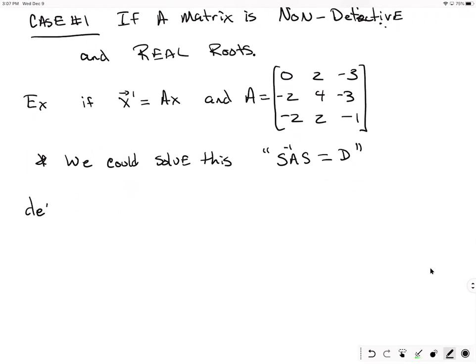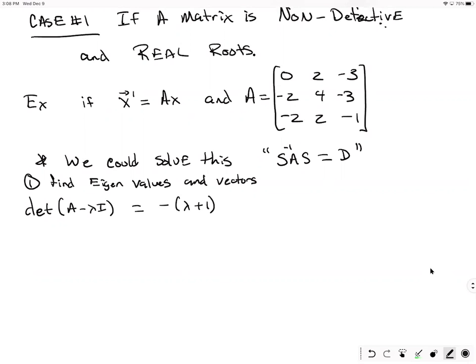So step 1 is find eigenvalues and vectors. You take the determinant of A minus lambda I and set that equal to 0. I've already worked that out, and we'd have lambda plus 1 times lambda minus 2 squared with a negative out front, and that's equal to 0.